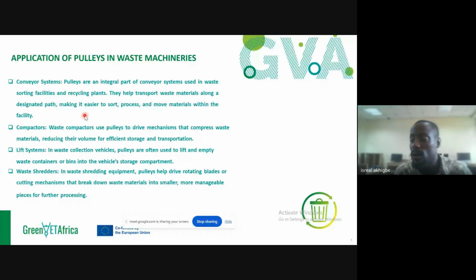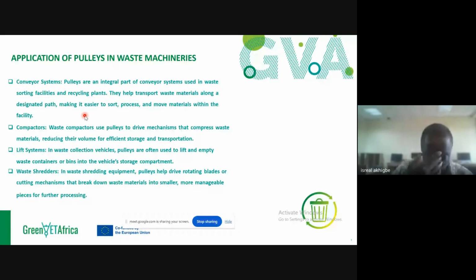Remember that if you want to do a huge amount of work, you want to transfer a huge amount of load. Let's say this is a very big machine or a very big driven, and I want to drive it. You will use a multiple groove pulley, because if you use a single type, it will quickly break, it will quickly snap. When you use multiple, it is able to share the weight according to the number of grooves available on the pulley.